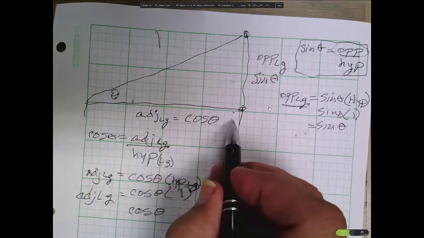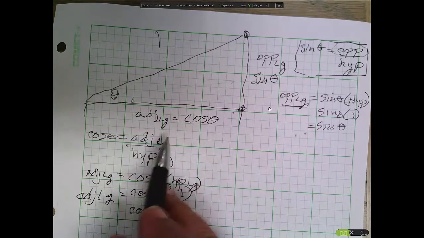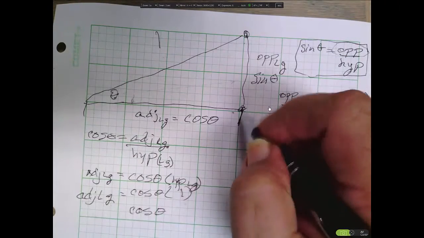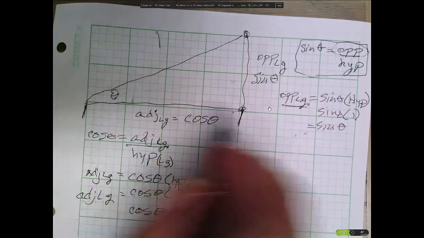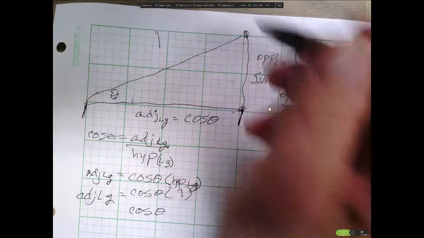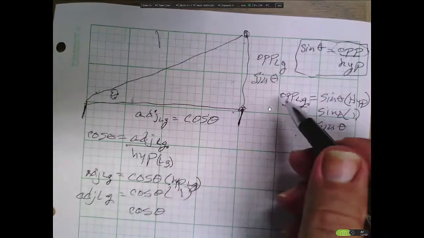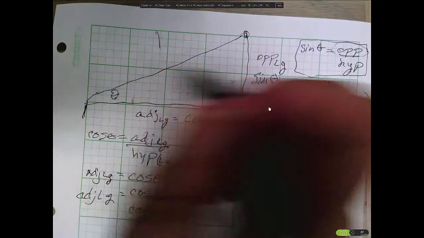That's the reason why we can use the symbol cosine of theta on this side to represent the symbolic distance between these two line segments with respect to a unit hypotenuse. That's something to keep track of and keep in mind. Sine and cosine are always measured with respect to a unit hypotenuse.